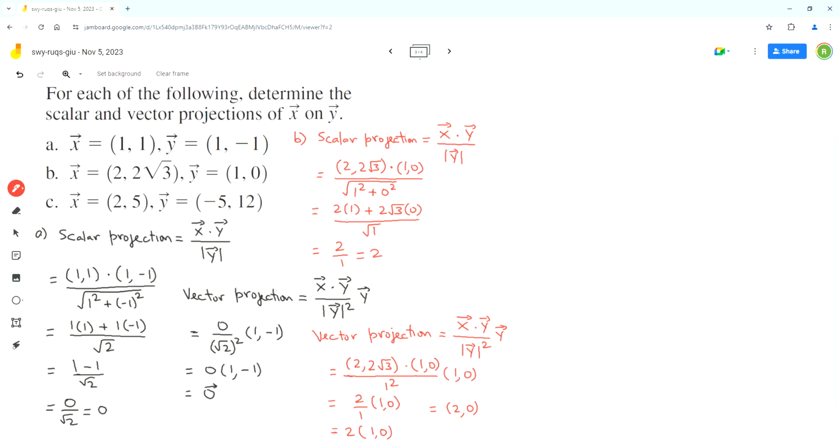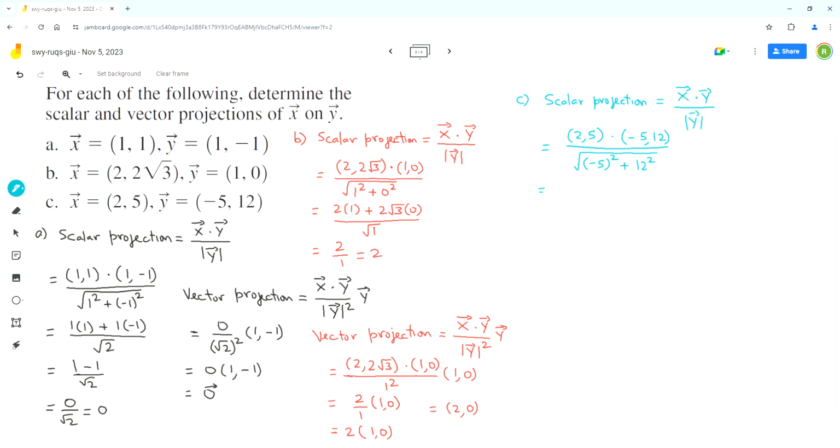Now we can analyze part C. So we'll start with the scalar projection. We can use the given vectors. Now we can do the dot product in the numerator.